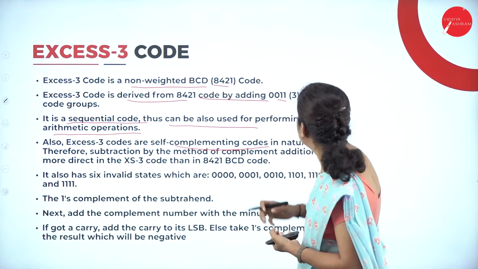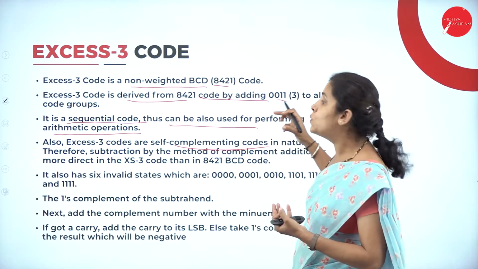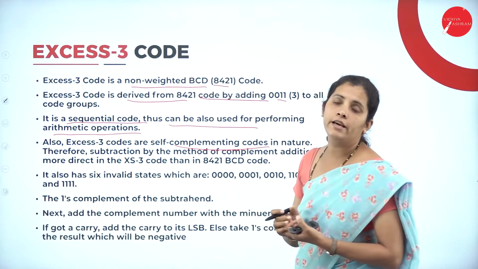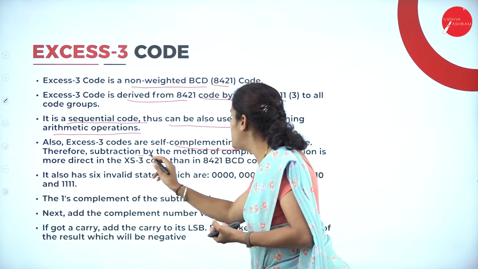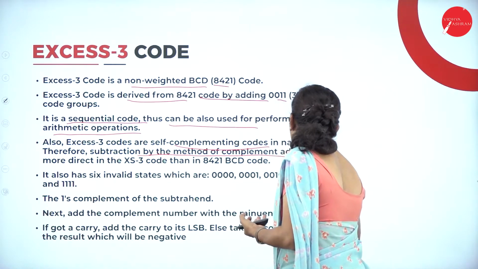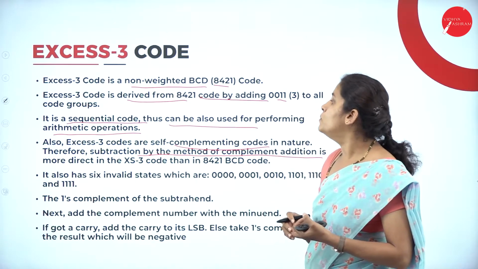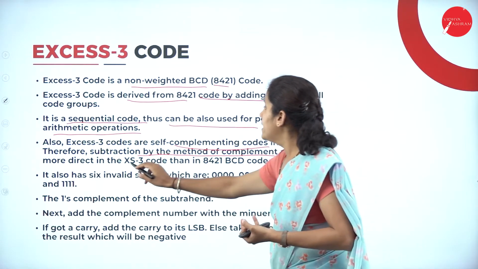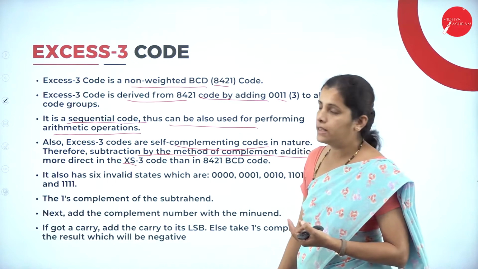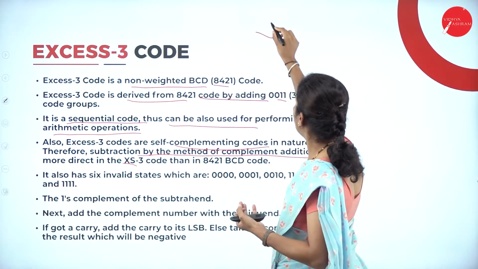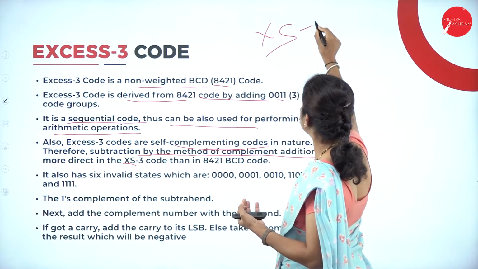Xs3 codes are self-complementing codes in nature. Therefore, subtraction by the method of complement addition is more direct in Xs3.